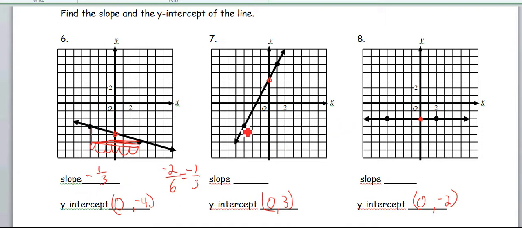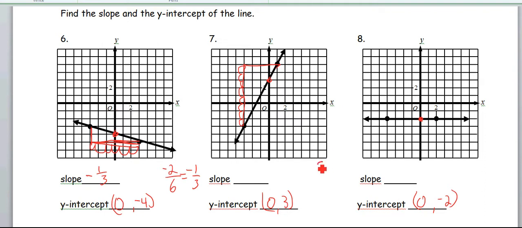Now if I look at this one, I'm going to go from this point on the left to get to the point on the right. I have to go up, so it's going to be positive. So I can start here. I'm going to count how many up I need to go so I can go over. So I'm going to go 1, 2, 3, 4, 5, 6, 7, 8 up.